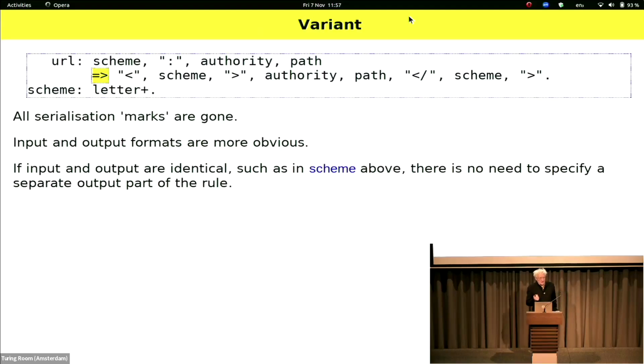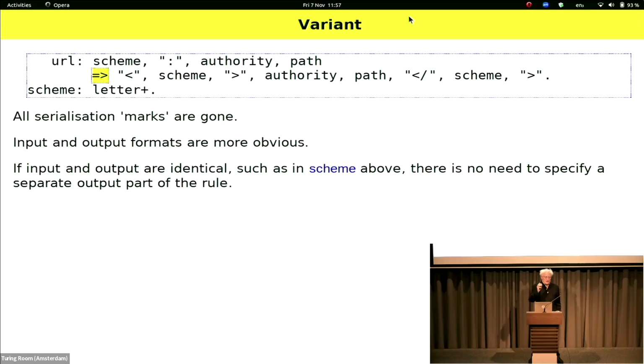So here we've got URL, and it recognizes a scheme, a colon, an authority, and a path, and then it outputs it with brackets, the scheme, the authority, the path, brackets, scheme again. And the scheme is just a number of letters. So what you can notice from this is now that all serialization marks which you need in ixml are gone because you put the serialization in a different location.